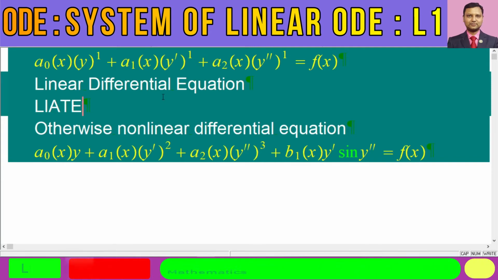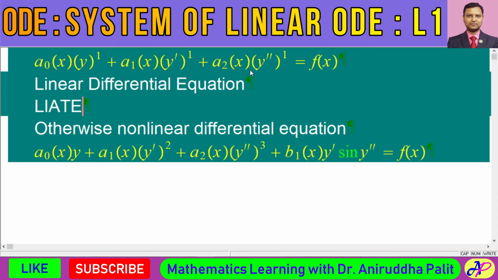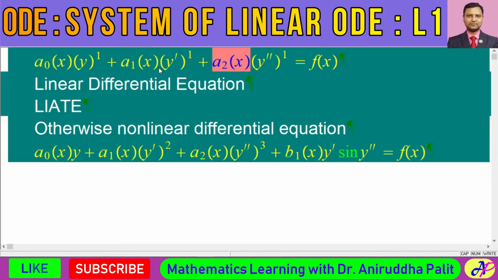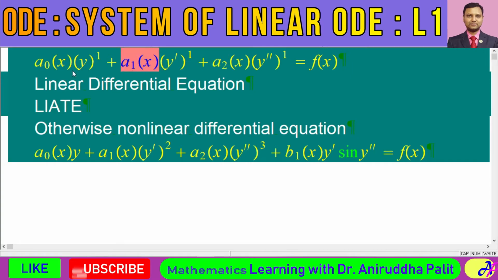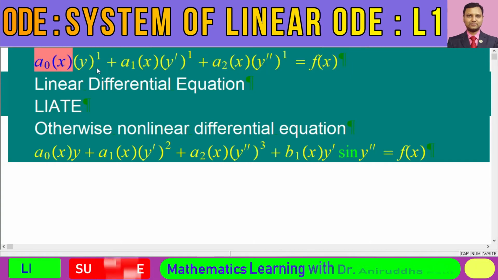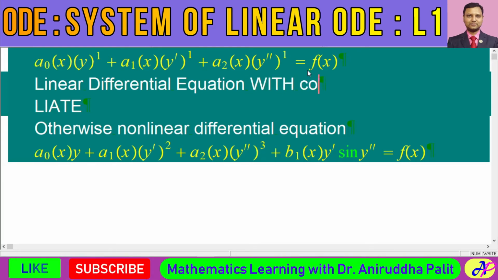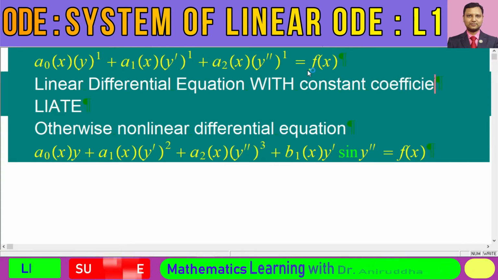For the time being, because it is an introductory course, sometimes we choose these coefficients as constant quantities. And if these coefficients are chosen as constant quantities, in such cases we call it a linear differential equation with constant coefficients. All right.